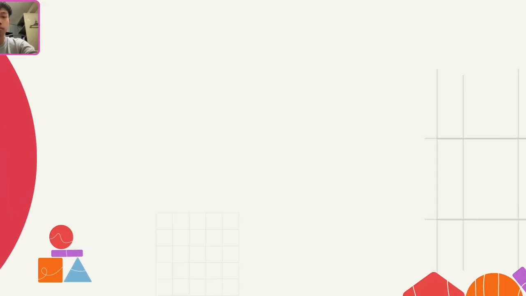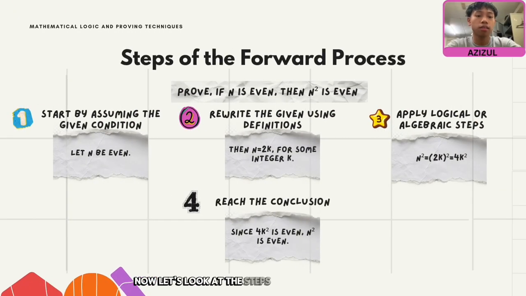problems. Now, let's look at the steps of the forward process using an example. The statement we want to prove is, if n is even, then n squared is even. Step 1, we start by assuming the given condition, so we assume that n is even. Step 2, we apply logical or algebraic steps.